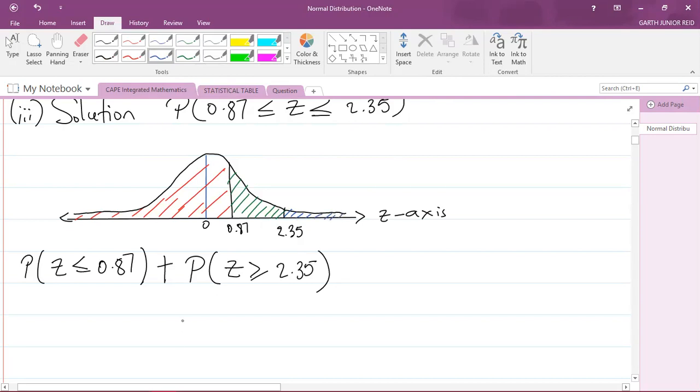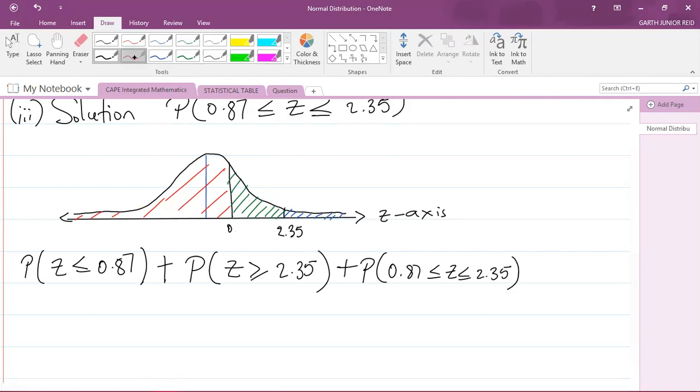So if I add those two probabilities plus the probability that I want, which is 0.87 less than or equal to z less than or equal to 2.35, that is the area that you're seeing in the green. That's the one that I'm trying to find.